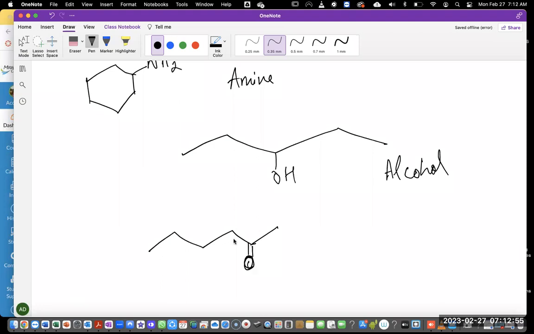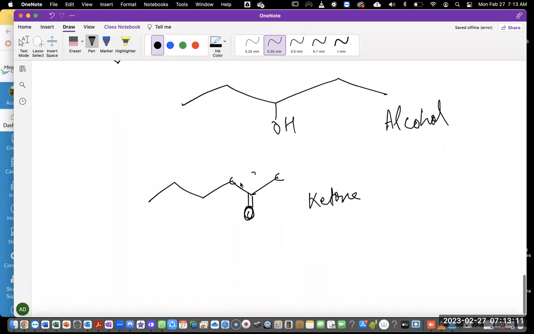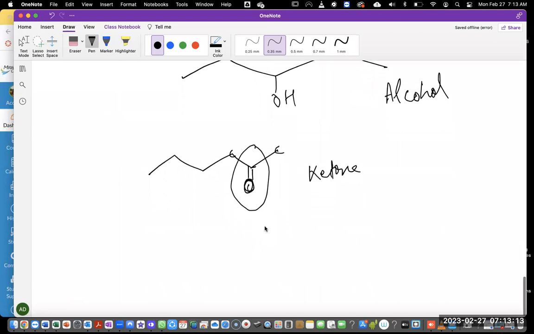Guys, this is a carbon. What is this? This is also a carbon, and this is also a carbon. This guy here, pause the video and try to think what this is. So guys, C double bond O, when it's sandwiched between carbons, this guy is ketone, okay? And if I have to circle this, this part is ketone, okay?